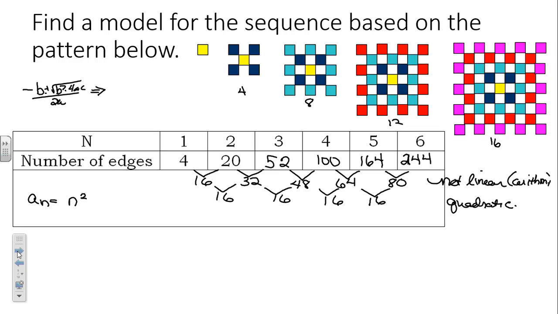No. The standard form of a quadratic equation. Standard form, what was it? Where did the a come from? The first term, right? Where did the b come from? And where did the c come from?